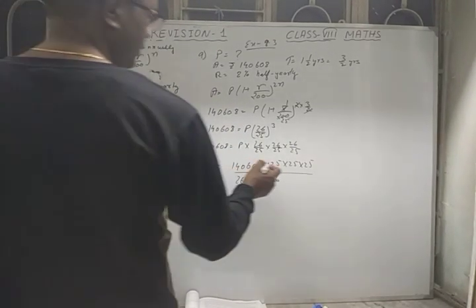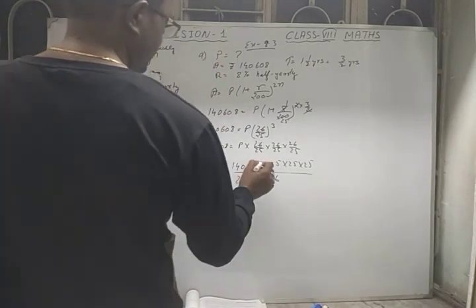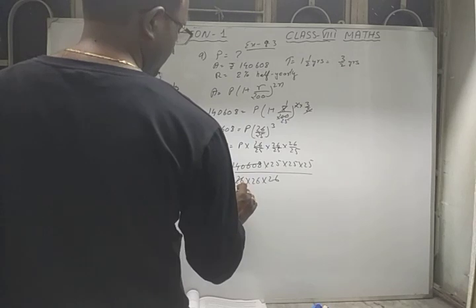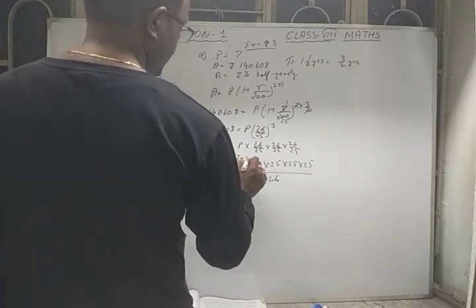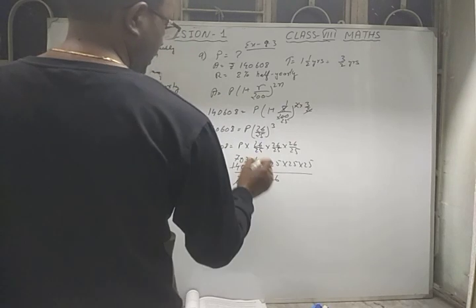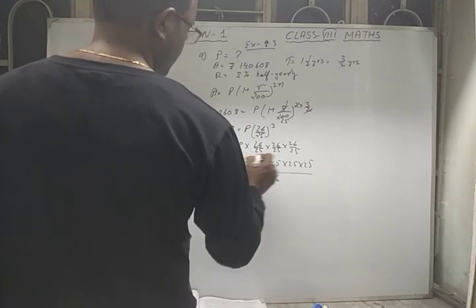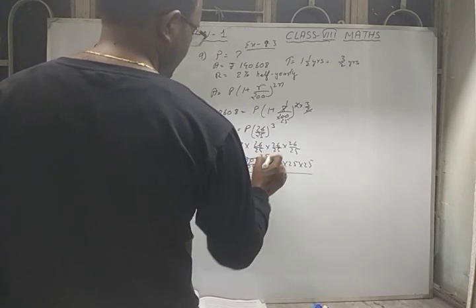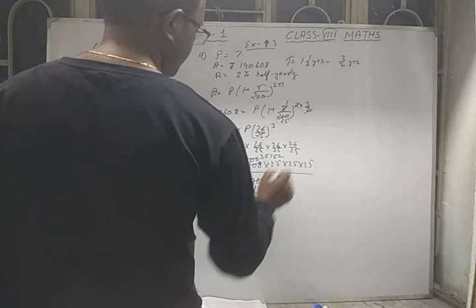Here the numerator is even and the denominator is even, so you can easily calculate by cancelling by 2. 2 7s are 14, 2 3s are 6, 2 4s are 8. Again you can divide it by 2. 2 3s are 6, 2 5s are 10. 2 1s are 2, 2 5s are 10, 2 2s are 4.